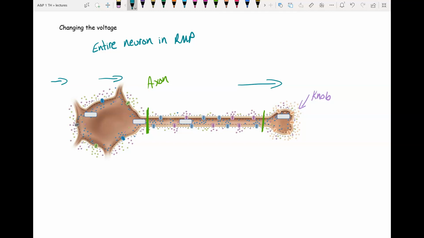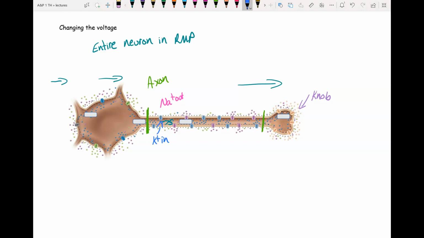So at the start, at resting membrane potential, you are at -75 for the inside of the axon. And you have most of your sodium outside, and you have most of your potassium inside.